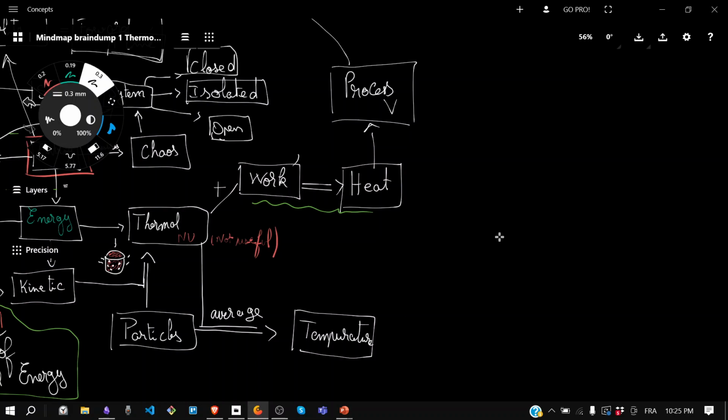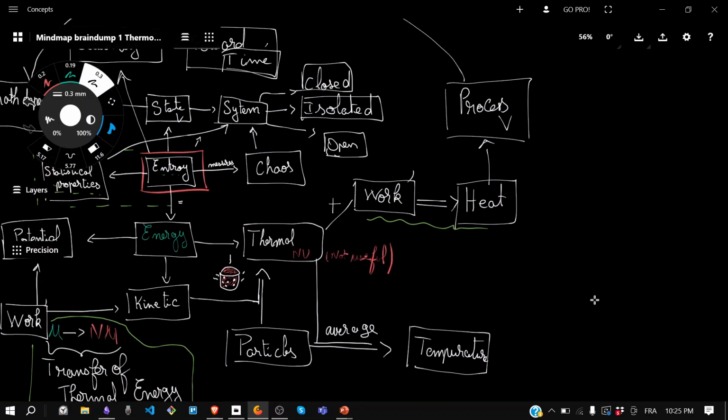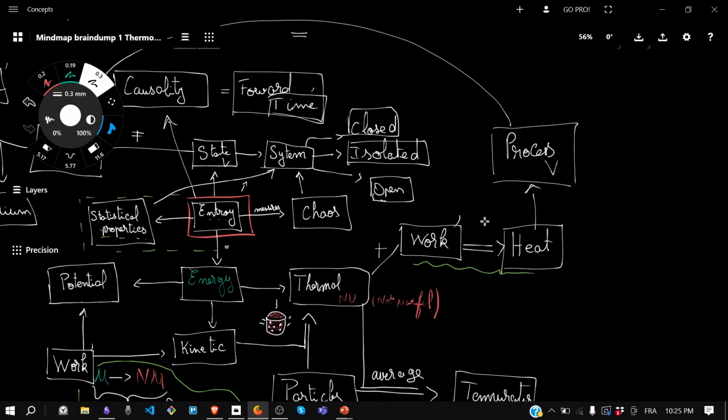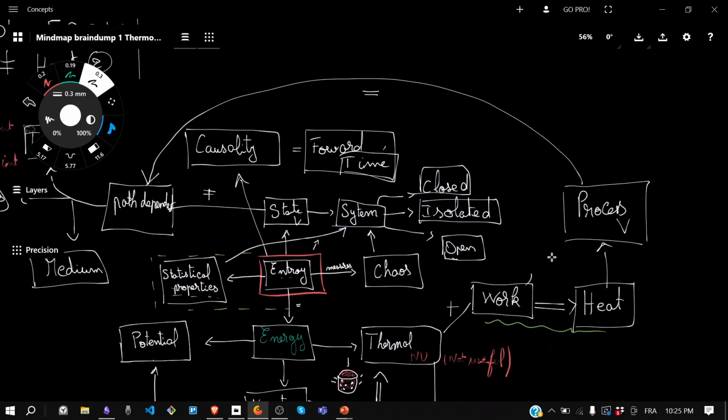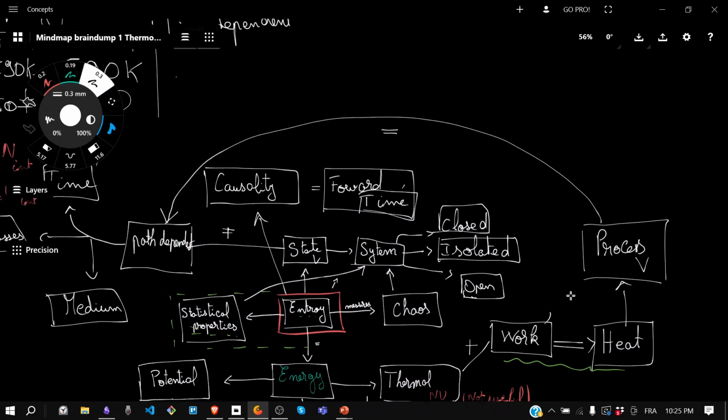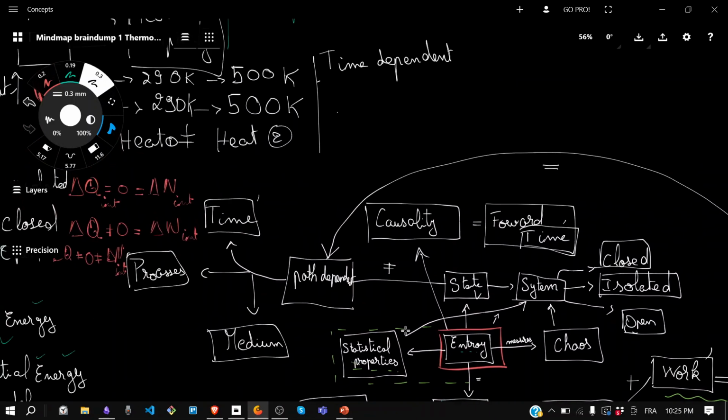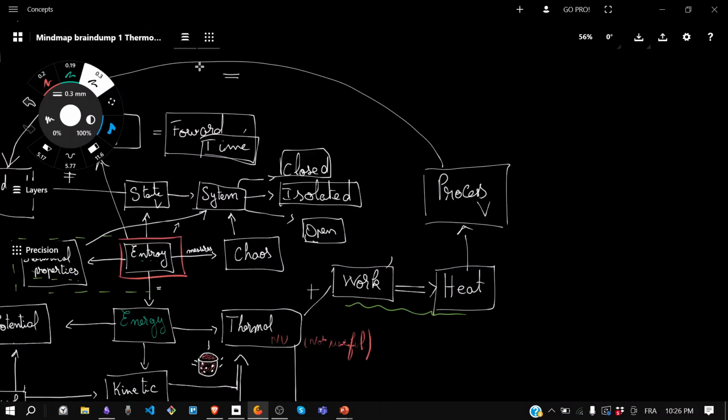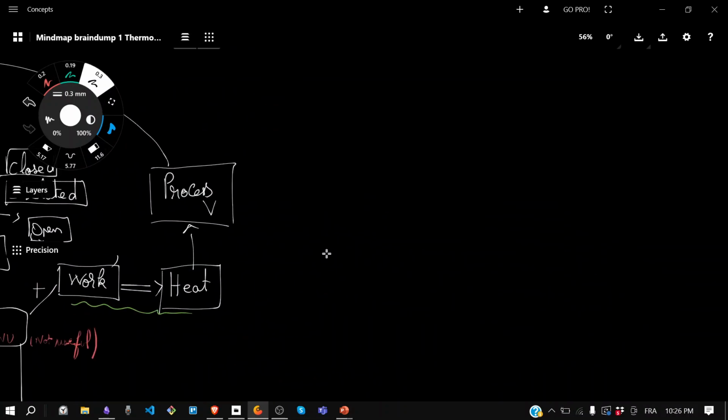Process variables go through different processes. I think the Carnot cycle has its own thing. Carnot cycles use path dependencies. Very hard. I'm just going to put it on its own.